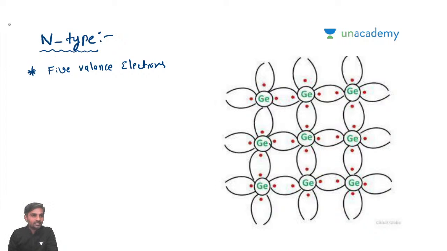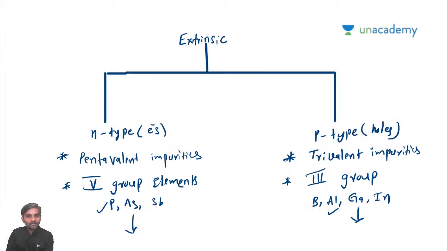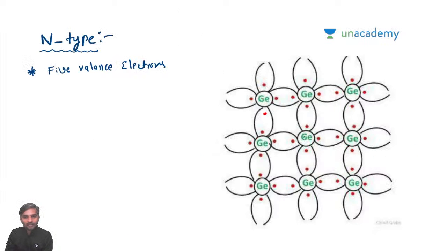Now consider germanium, which has 4 valence electrons. Let's consider a pentavalent atom, an arsenic atom, added here.